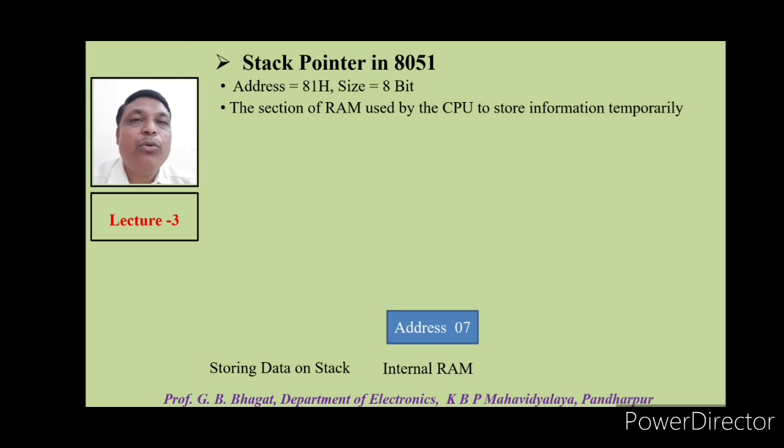Let us see how data can be stored in the stack. This stack is the location in RAM which is used to store data temporarily as per the user's need. Initially, the stack has the address 07. For storing data on the stack, the style is increment the stack and then store.